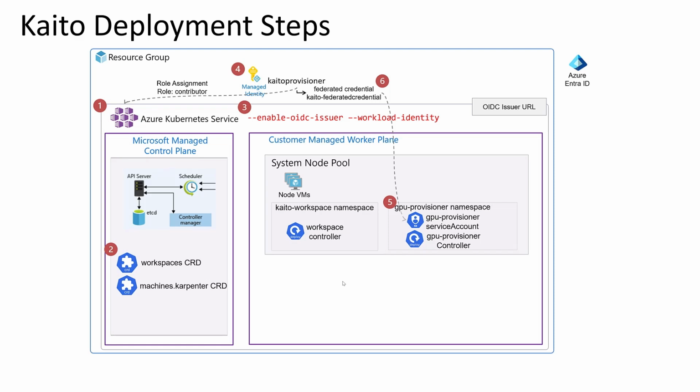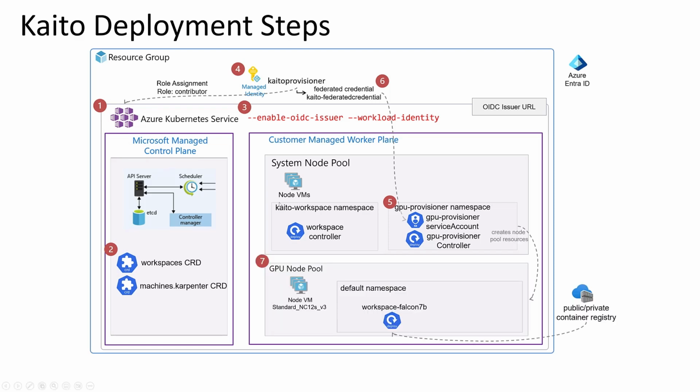And so the next step is to refer to a model preset that I showed a couple slides ago, and run that YAML. By running that YAML, the workspace controller orchestrates that process, which calls into the GPU provisioner controller, which of course now has that permission to do so, and creates the node pool resource with a size that includes those GPUs.